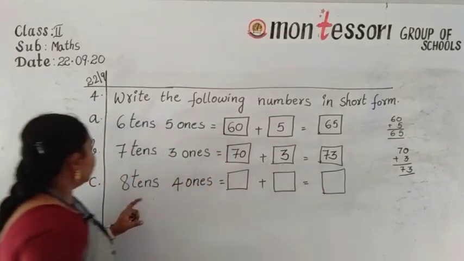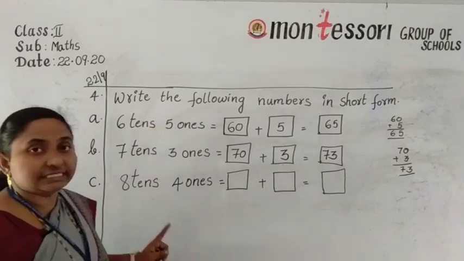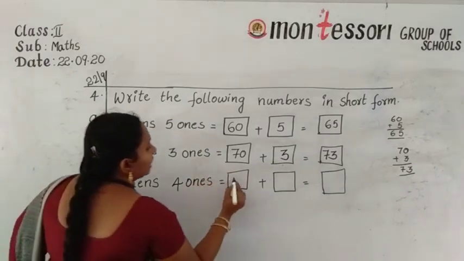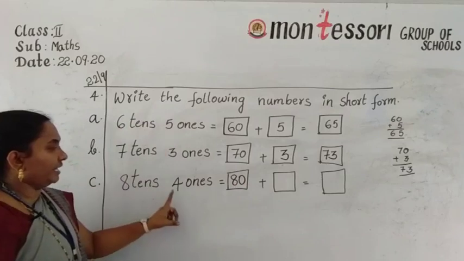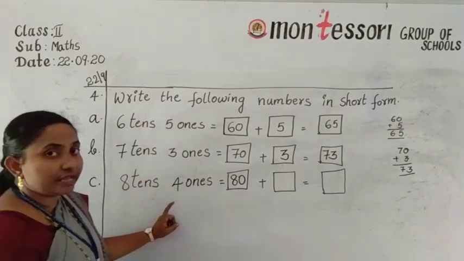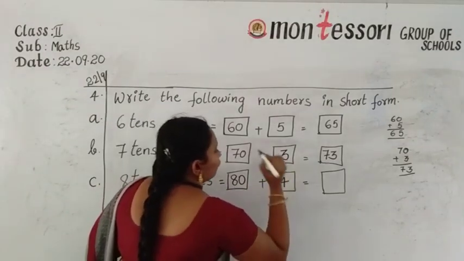Now here, 8 tens. 8 tens are 80. So 80 I am writing in one box, and next 4 ones. 4 ones are 4. So now I am writing here in the second box 4.